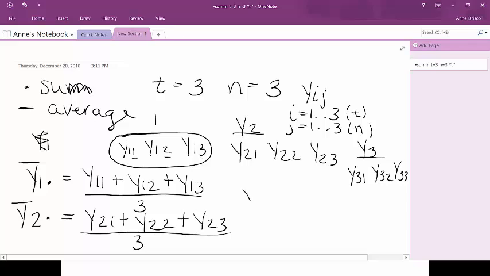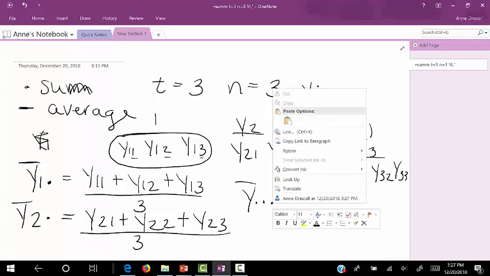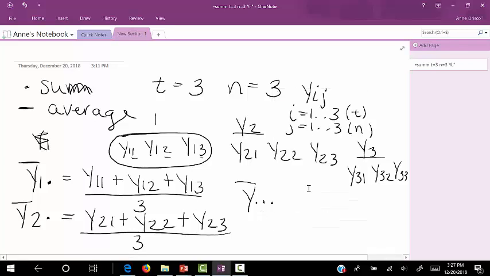If you want to have y double dot bar, not triple, but just a y double dot bar, then we can say that it equals y1 dot bar plus y2 dot bar plus y3 dot bar over 3.